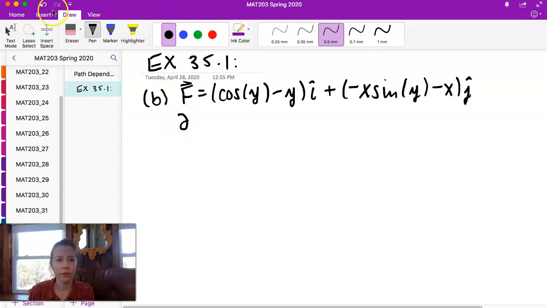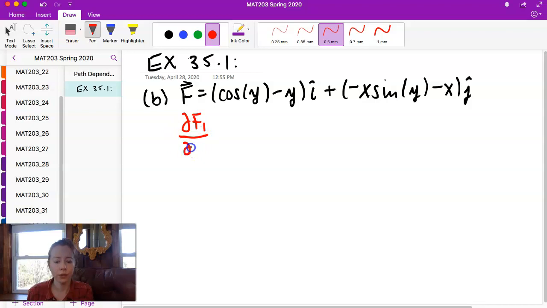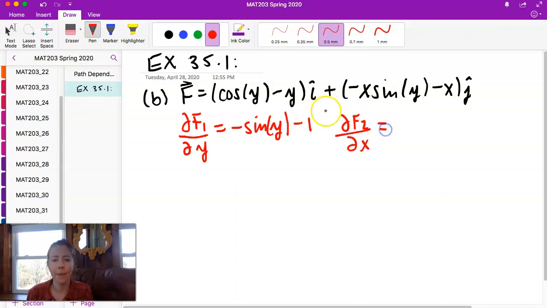So del f1 with respect to y is going to be minus sine y minus 1, and del f2 with respect to x is going to be minus sine y minus 1, since the derivative of x with respect to x is 1.